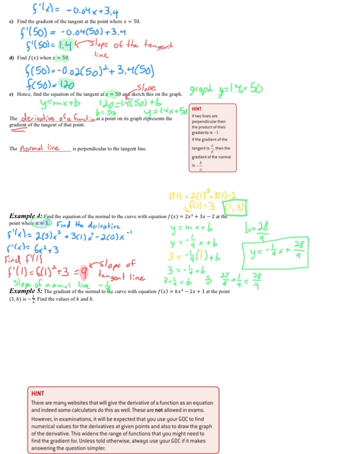So it's like a lot of steps, but we want to find the derivative and then the value at that point on the derivative. And that's going to give us the slope of the tangent line. And now we can find the normal. So there's a lot of steps there, but hopefully it's not too bad if we have open notes and we're able to go back to these and see what we're doing on them.